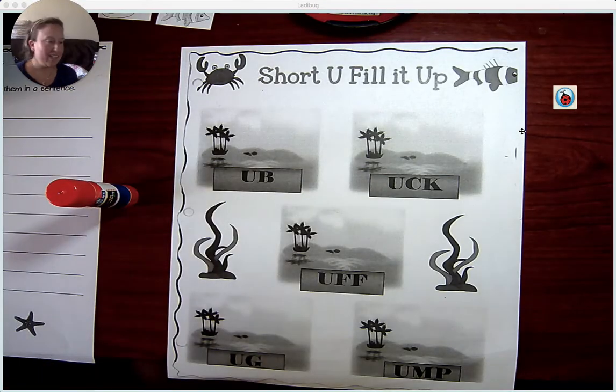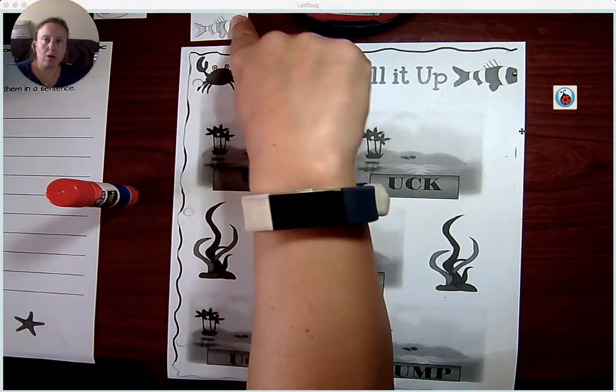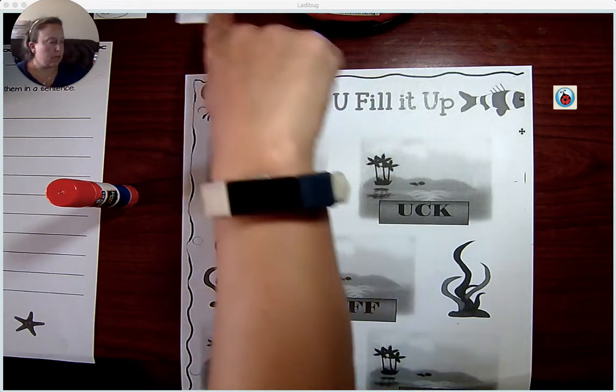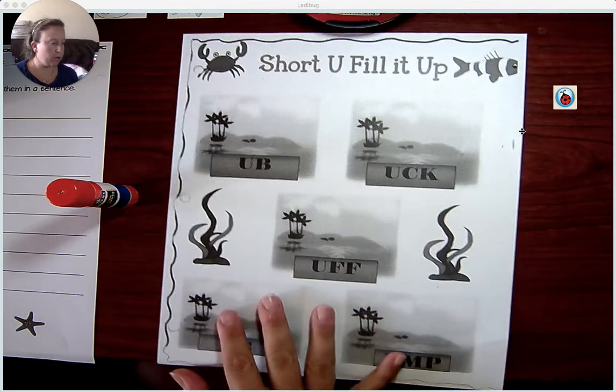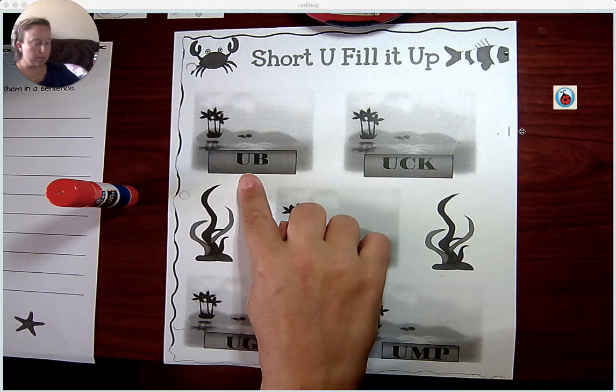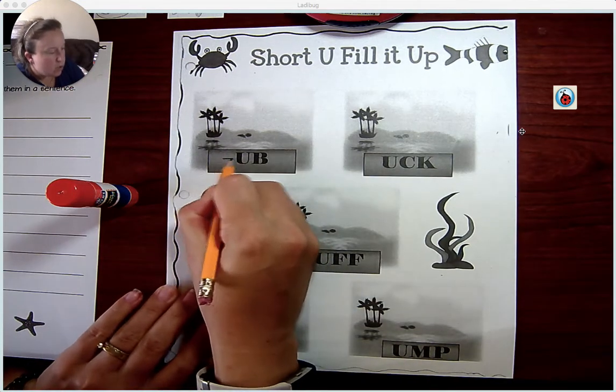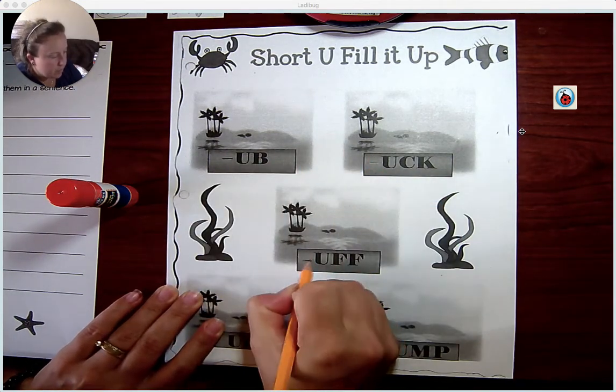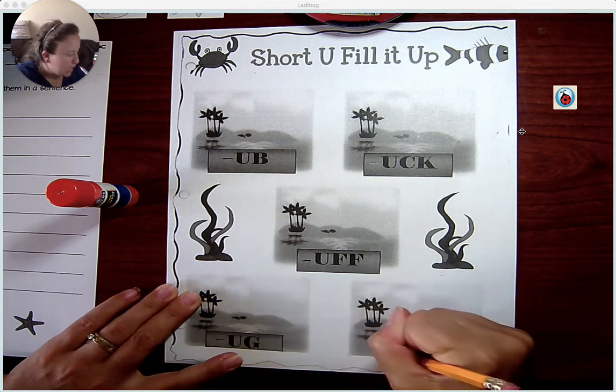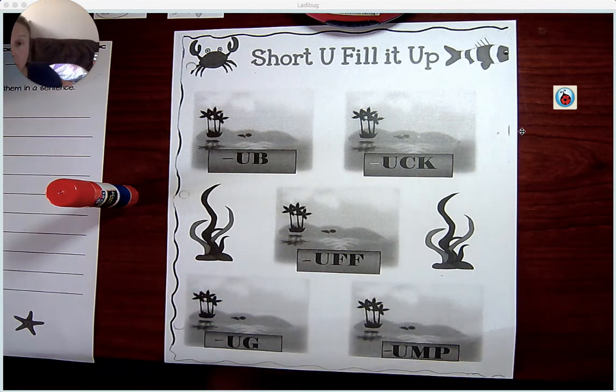All right, so now I have my little cards cut out. You can see them here. And I have my paper here. So what these are called rhymes. The rhyme is the second part of the word. Generally, it's the part that rhymes.